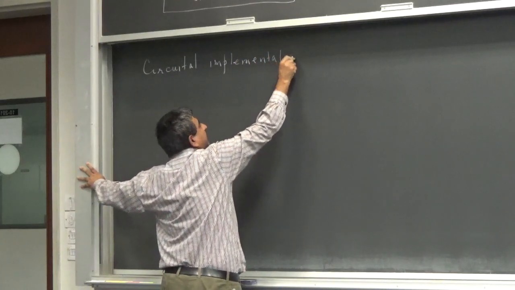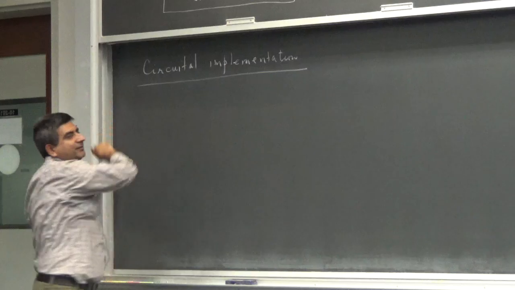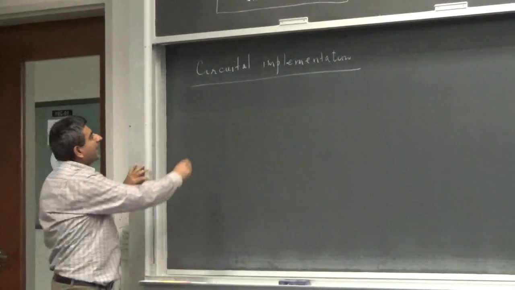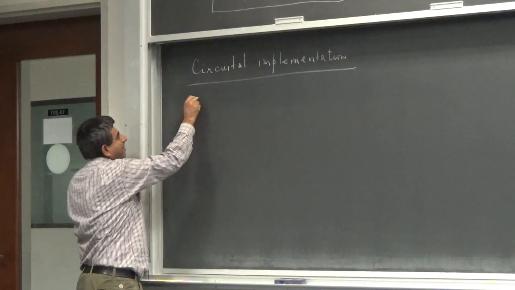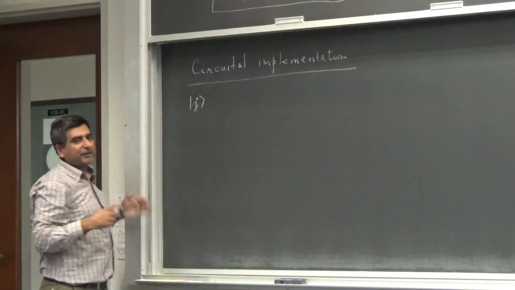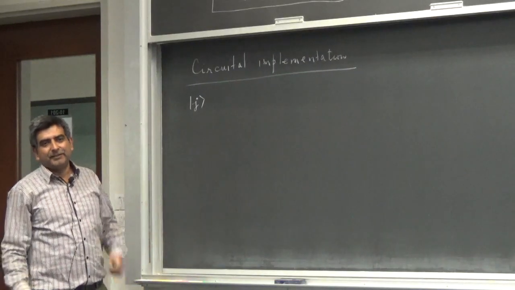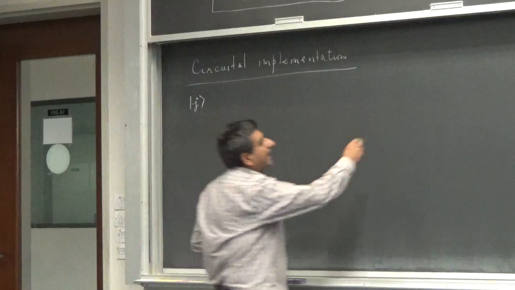Now for the circuital implementation of the quantum Fourier transform, we need to clarify a few notational points. Suppose I have a state ket j, ket 1, ket 2, ket 3, ket 4, anything. Now I have n qubits.